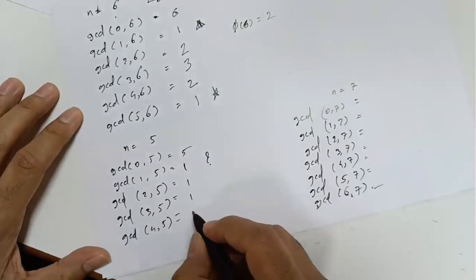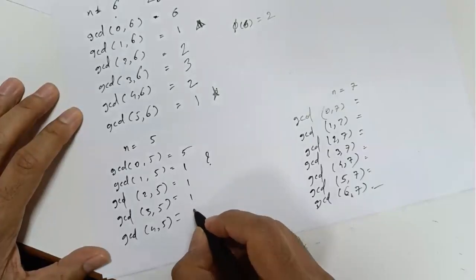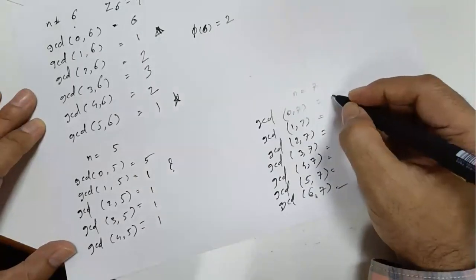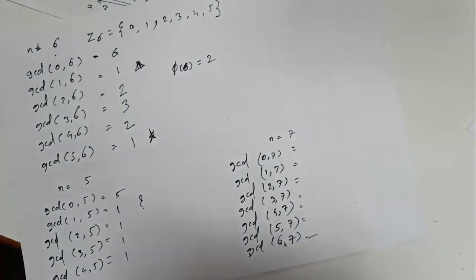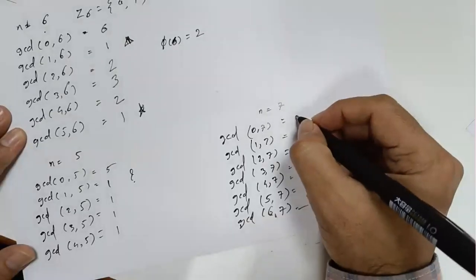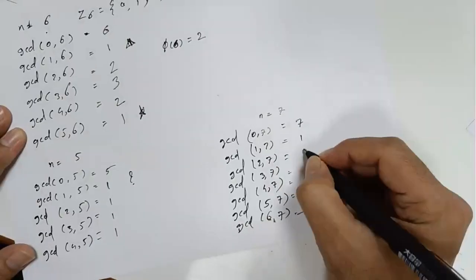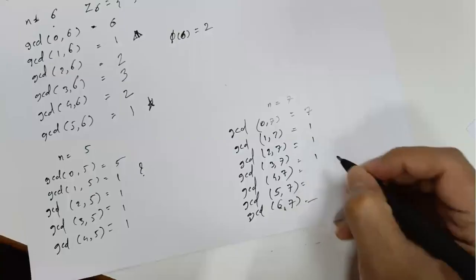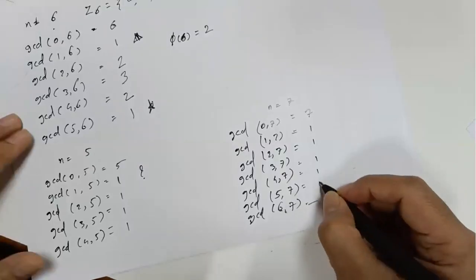And 4, 5 will also be 1. This one? 7 and 1 is 1, and so on. So for everything it would be 1 only.